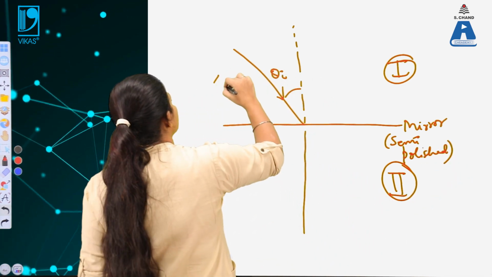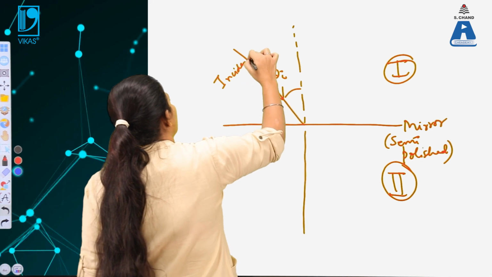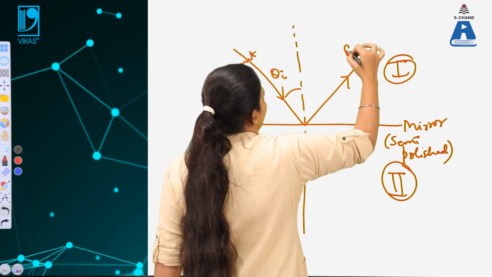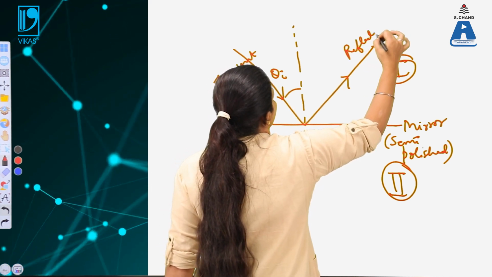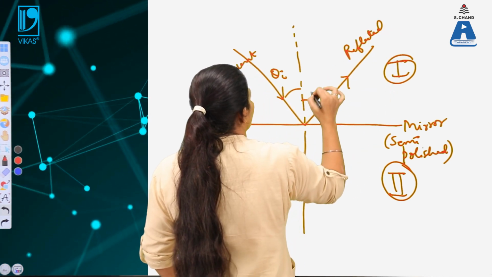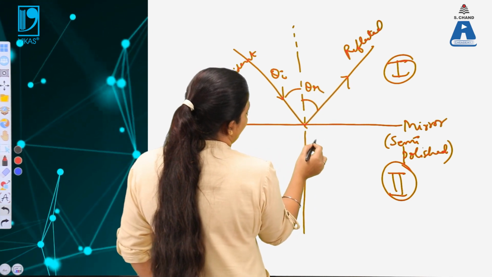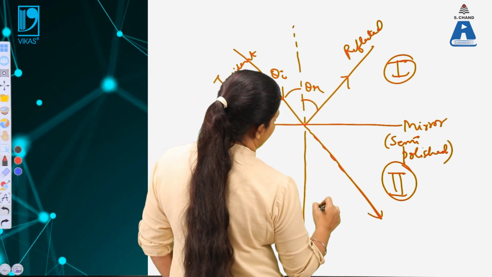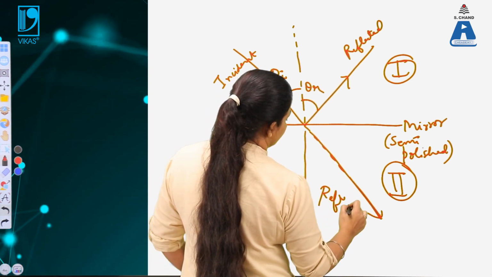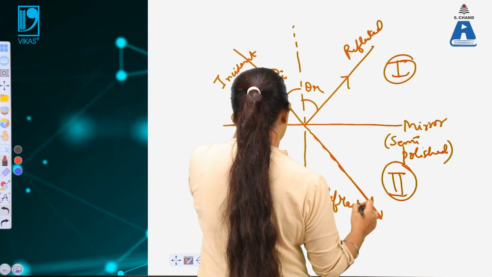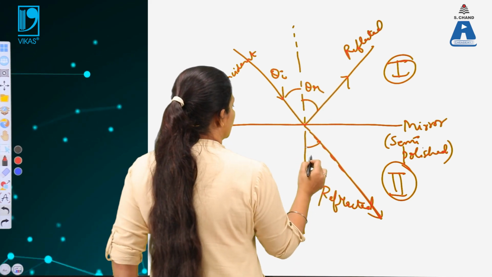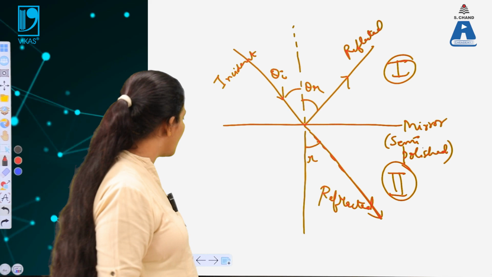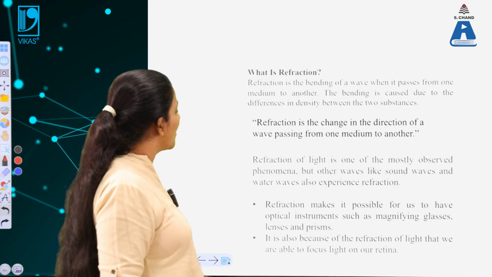Now when the light is incident on it, some portion of the light will get reflected at angle theta r with the normal, and some portion of light will get refracted. That is the angle of reflection, represented by r over here. So these are the requirements.